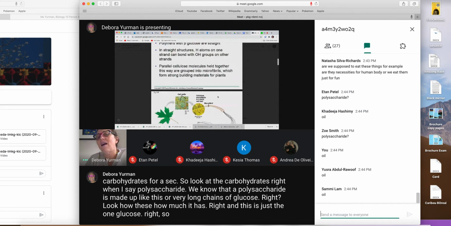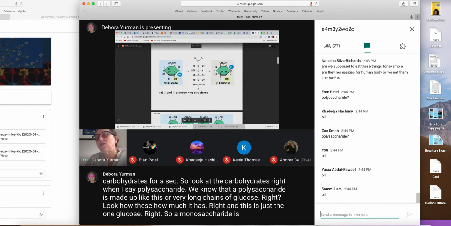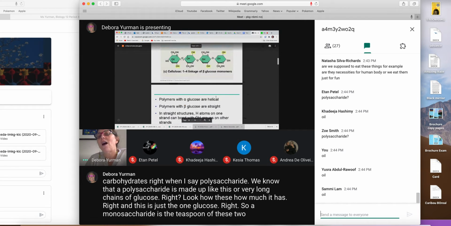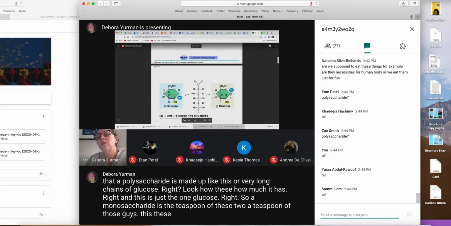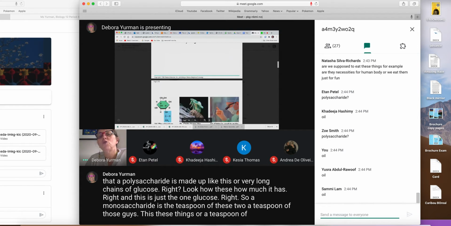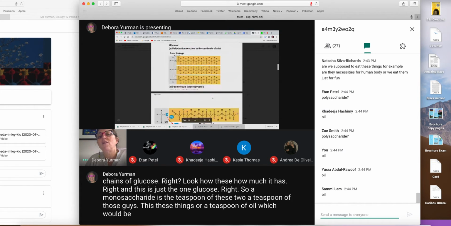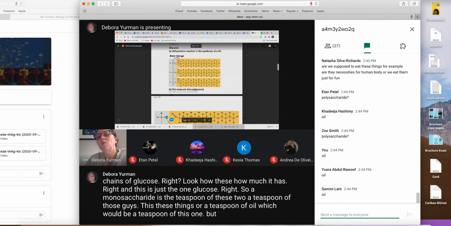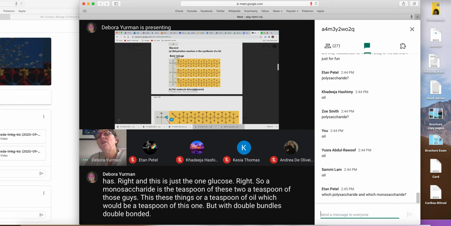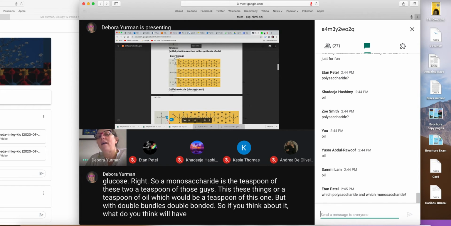So a monosaccharide is a teaspoon of these, a teaspoon of those guys, or a teaspoon of oil, which would be a teaspoon of this one, but with double bonds. What do you think will have more energy and why?